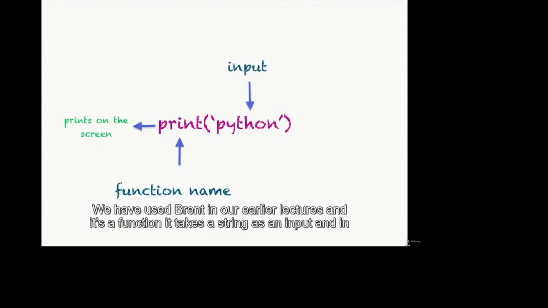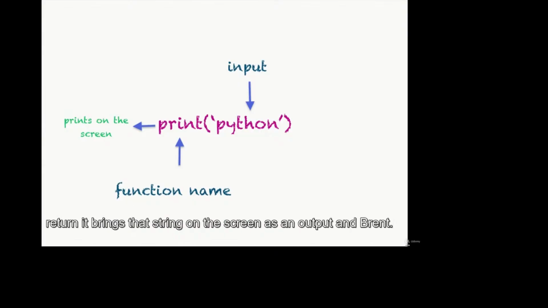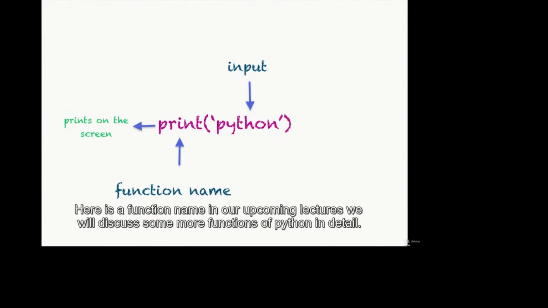We have used print in our earlier lectures and it's a function. It takes a string as an input and in return prints that string on the screen as an output. Print here is a function name. In our upcoming lectures, we will discuss some more functions of Python in detail.